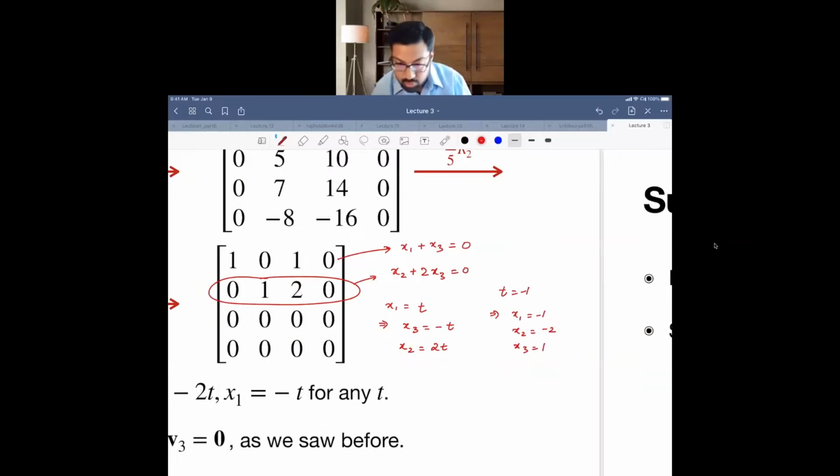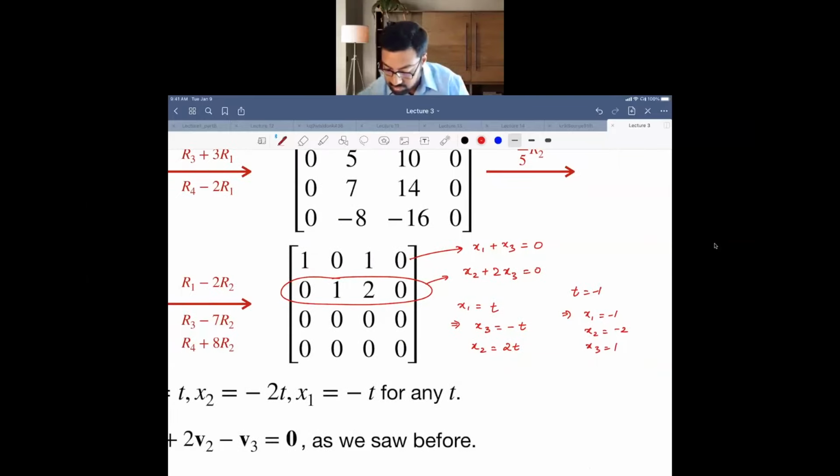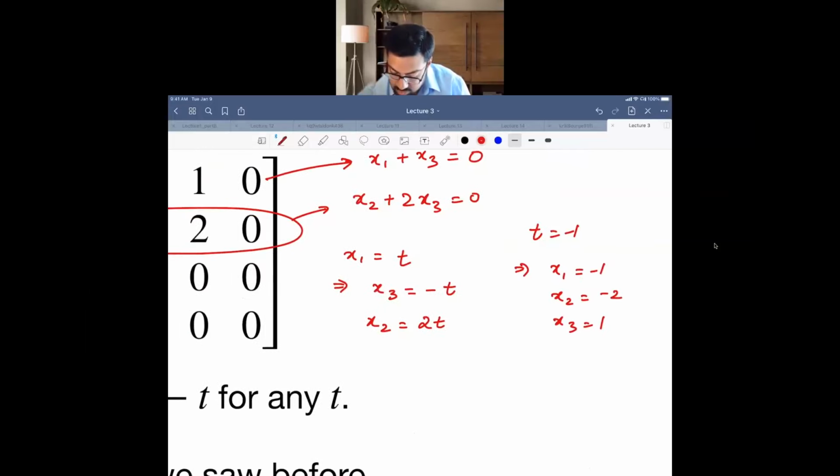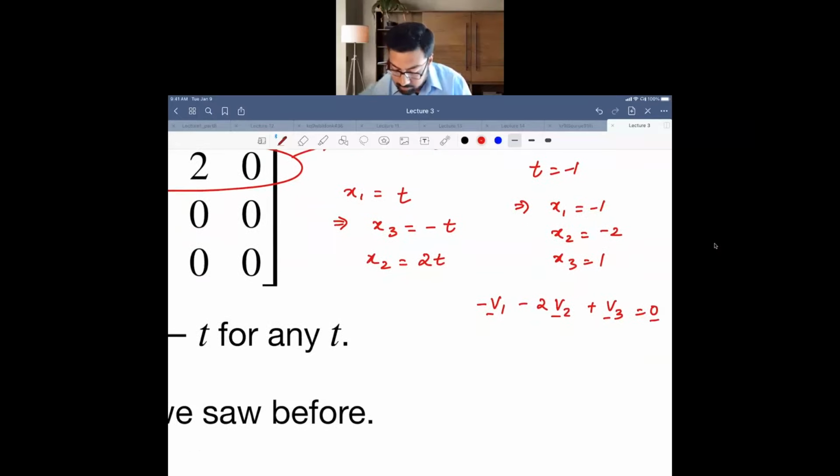If you put that in our equation k1 v1 plus k2 v2 plus k3 v3, you get negative v1 minus 2 v2 plus v3 equals the zero vector. Or if you multiply it by negative 1, you get v1 plus 2v2 minus v3 equals 0, which is what we have over here.